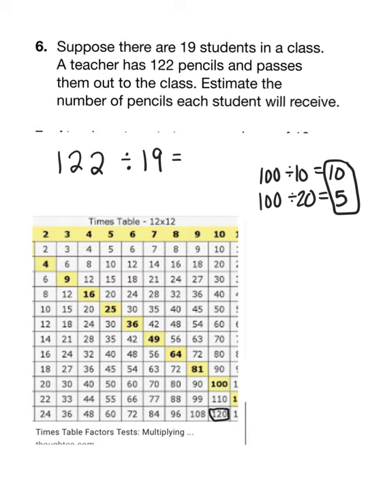You could change 122 to 144 divided by 12 is 12. So this is kind of a weird problem because I don't think it really works all that well with compatible numbers. So I'm going to leave that one up to you. You pick some compatible numbers that you think will get you a good estimate.